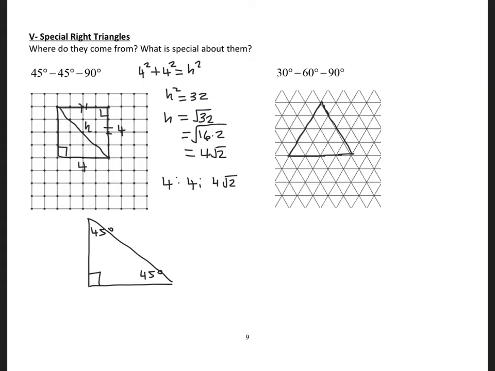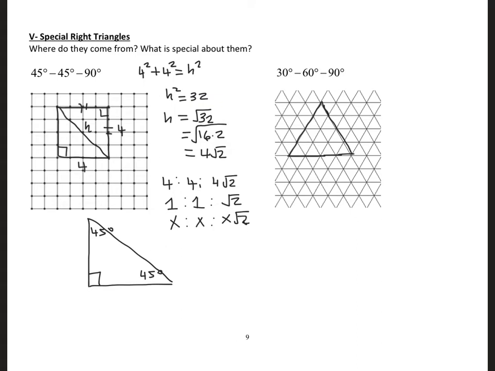If I divide everything by 4, you can see the ratio here is 1, 1, square root of 2. Or we could also represent it as x, where x represents any number: x, x, x square root of 2.